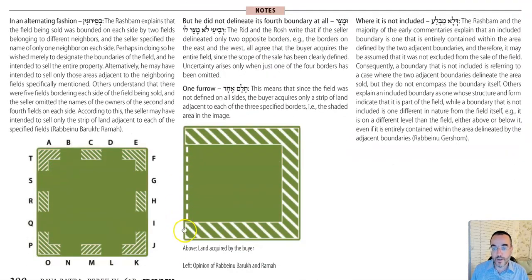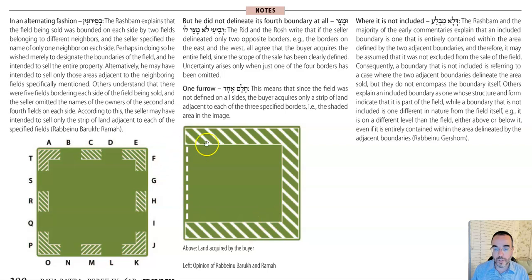In other words, let's say on this side over here, we're going to discuss in a second whether it's in or out of the edge of those sides, right? And maybe Reuven here has until here, and then someone else owns this entire side here, or he owns the side within it, a furrow within it. So since he didn't mention the 4th side, he won't get that furrow that's on that side, but he'll get the rest of the land.